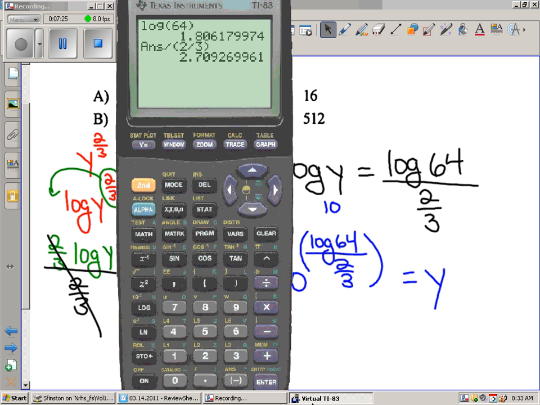All we're going to do is 10 raised to the log of 64 divided by 2/3, which gives 512.